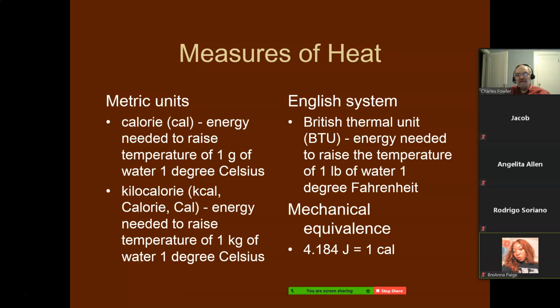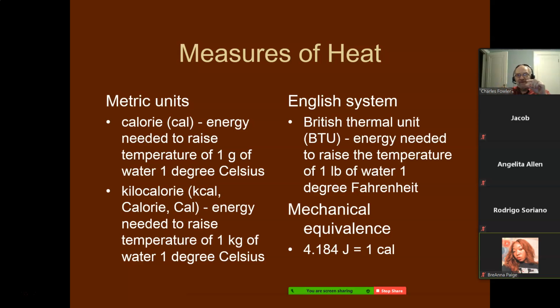That's the energy needed to raise the temperature of 1 pound of water. Now, 1 pound of water is way bigger than 1 gram of water. A little bit less than 1 kilogram of water, but way bigger than 1 gram of water. Okay, to raise 1 pound of water 1 degree Fahrenheit.